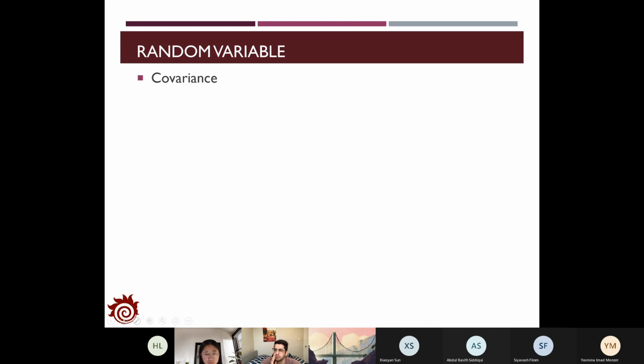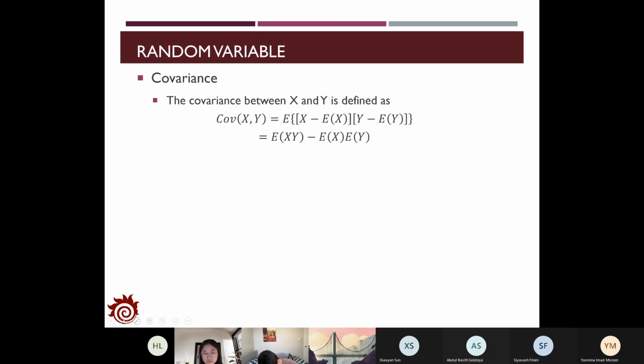Another measurement for the random variable is the covariance, and the covariance shows the relationship between two variables, how much of one variable can be explained by another variable.